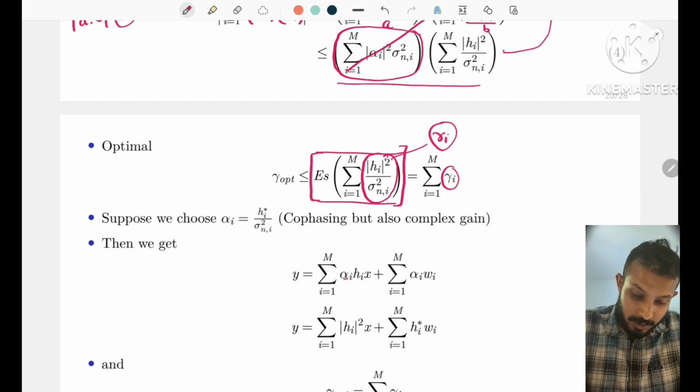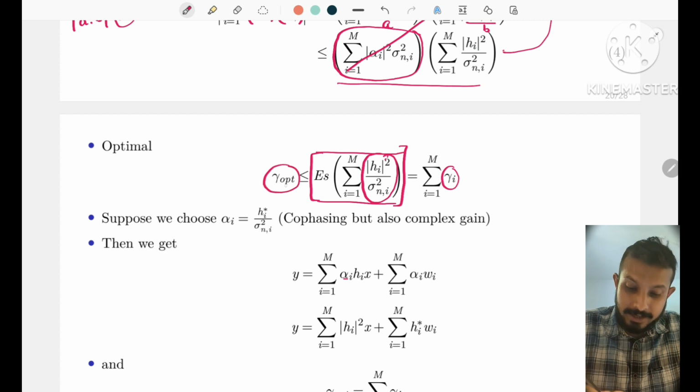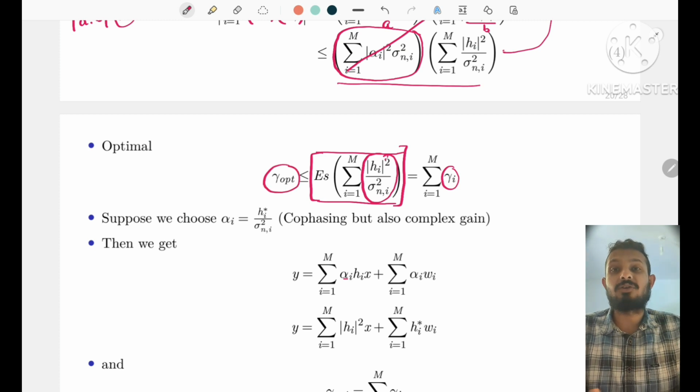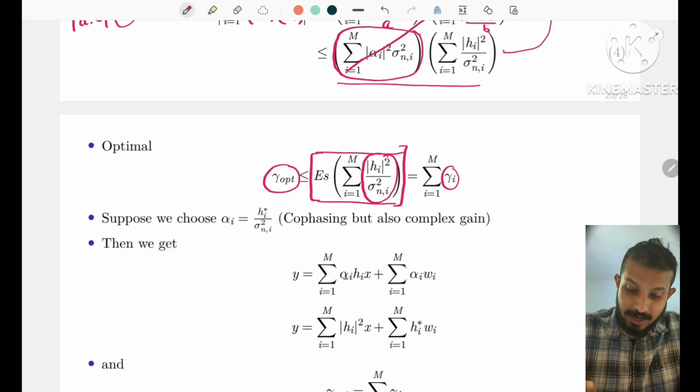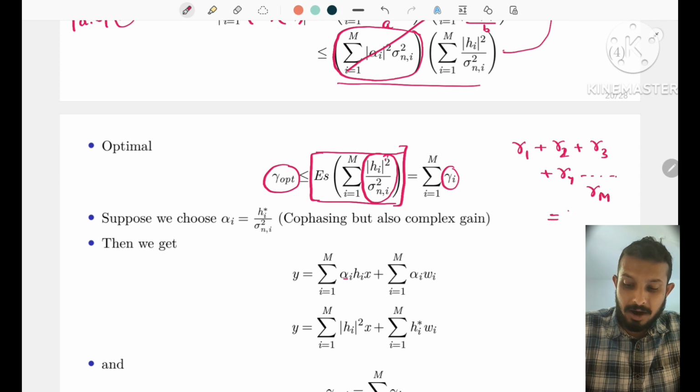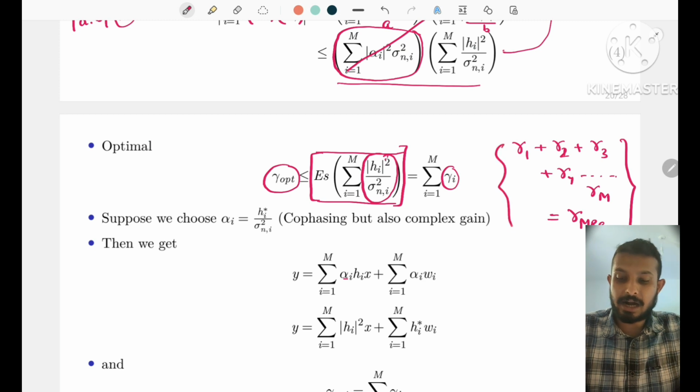So from here, what we can say is that the best SNR that we can obtain is the sum of the SNR corresponding to each of the branches. That means gamma 1 plus gamma 2 plus gamma 3 plus gamma 4 and so on up to gamma M. This is equal to gamma MRC, and this is the best possible that we can achieve.